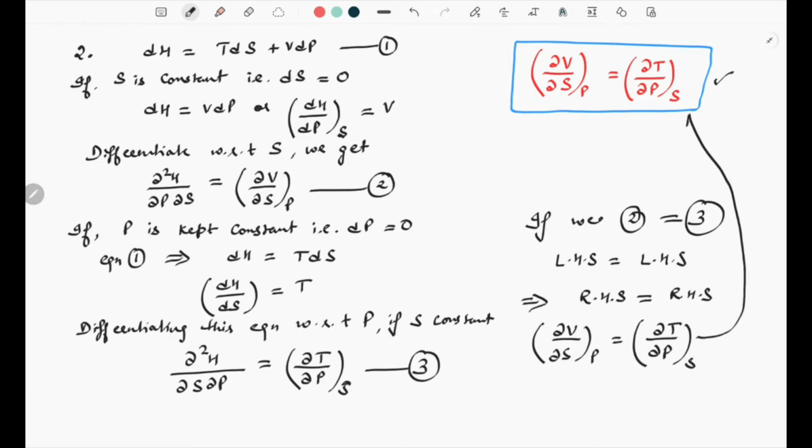This is our second Maxwell equation. So the procedure for both is almost same, just the starting equation is different.